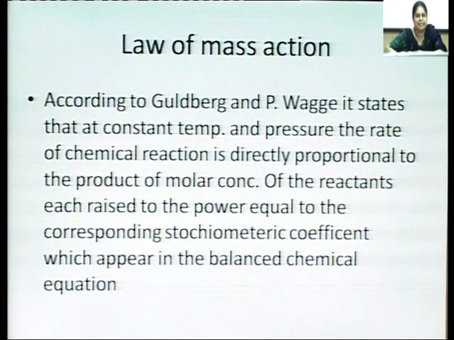This rate holds only at constant temperature and pressure. It means that when the temperature and pressure are kept constant, the rate of a chemical reaction is directly proportional to the product of molar concentrations of the reactants.